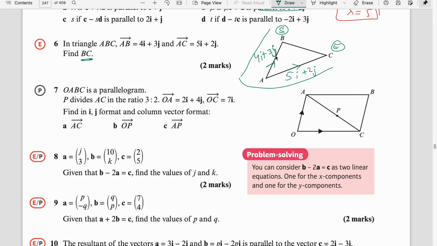So when we come from B to A, the signs change, they reverse. So this is minus 4i minus 3j plus 5i plus 2j. So i with i, we're left with a single i and minus j. So BC is i minus j.